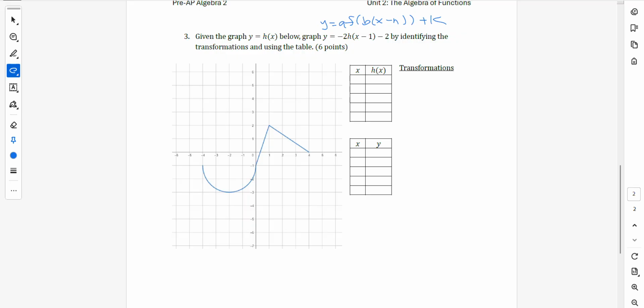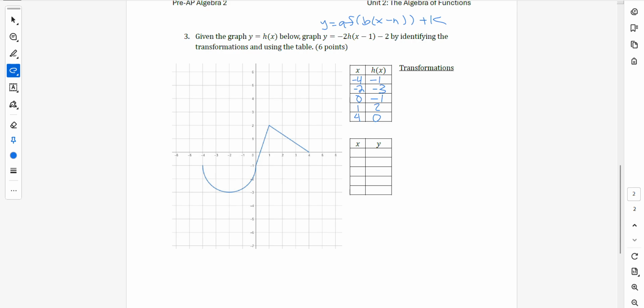Yeah, so what is the value at -4? -1. And then at -2? -3. 0? -1. And then what would be the last 2? Then 2 and 0. Okay, good. So these were the 5 points that you would transform to get the new graph.